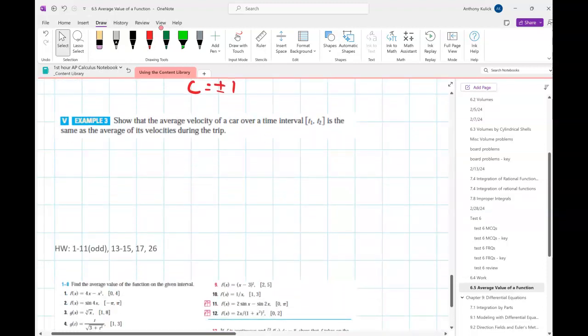One more example. Show the average velocity of a car over the interval from t1 to t2 is the same as the average of the velocities during the trip. Do you get what I'm saying?